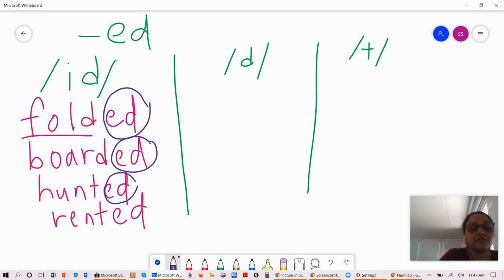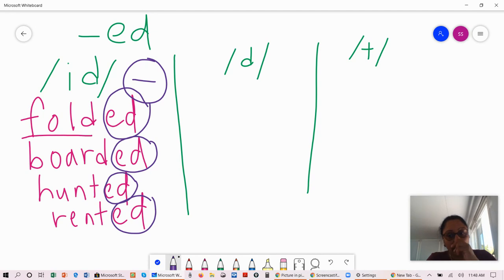In fact, our visual cue for our suffix ed is usually, when I have them spell, I would put a circle around this line on which they would write ed. Anyway, that's our suffix ed, and I would like you to notice that we have a t or a d at the end of the root words.